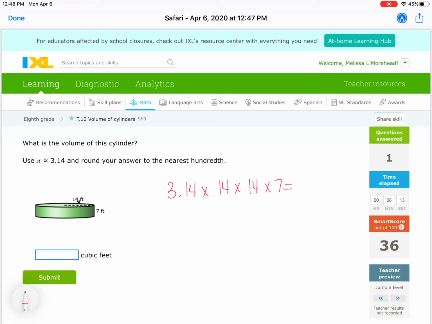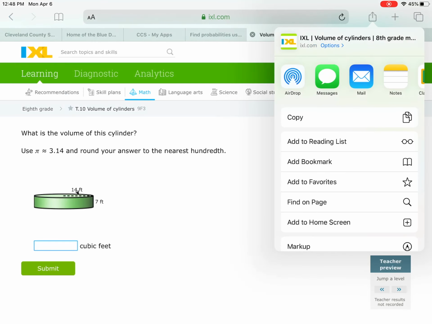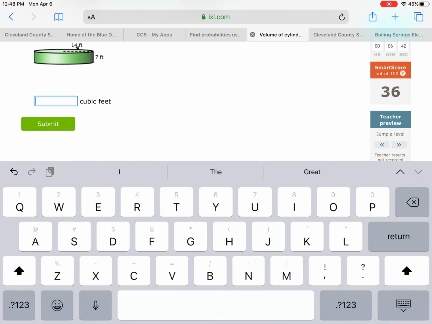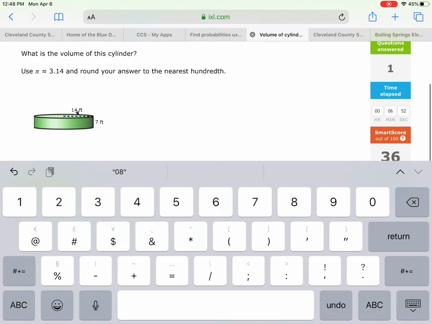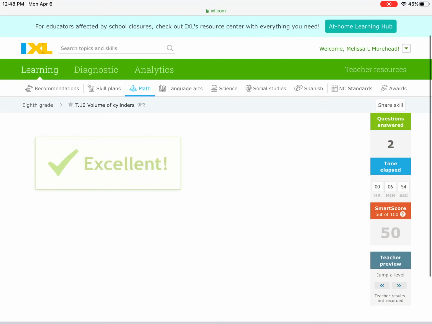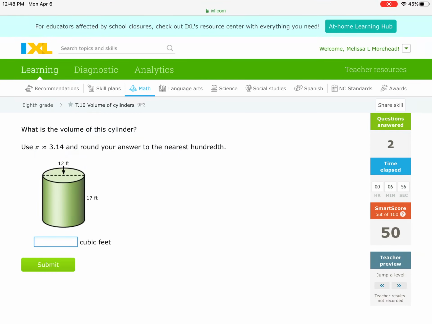And that number is going to be 4,308.08. And again, it wanted it rounded to the nearest hundredth. It's already in the hundredths, so that's all we have to do for that one.